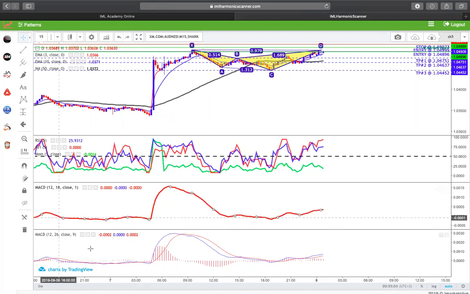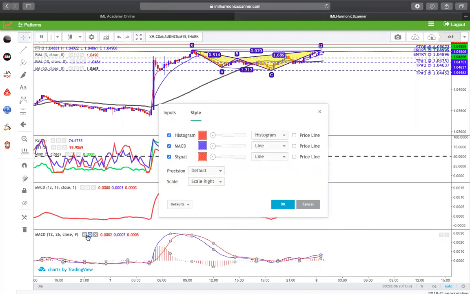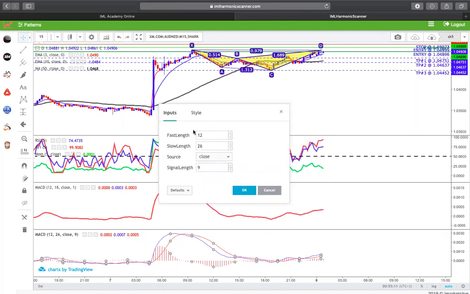The next one, you got that one? Yep. Okay. The next one, the inputs are fast length 5, slow length 10, source close and signal length 1.